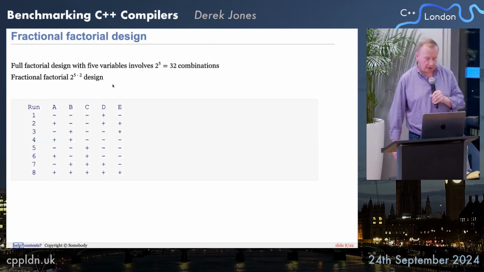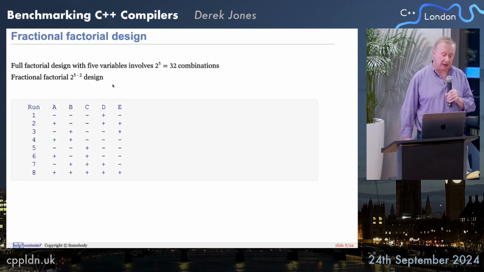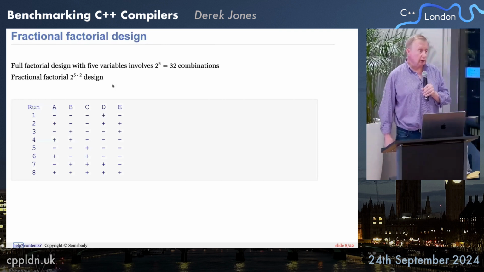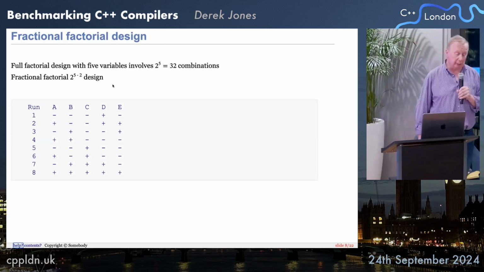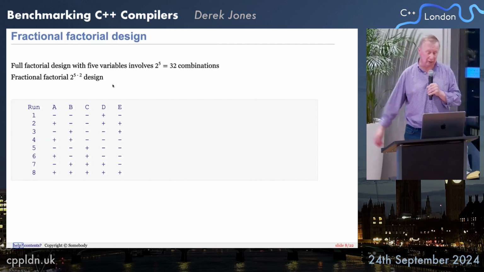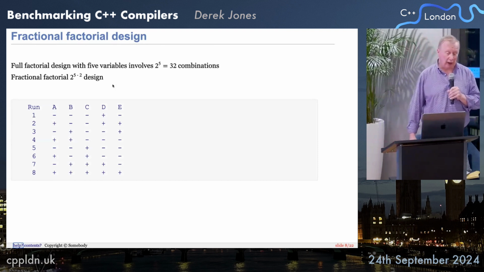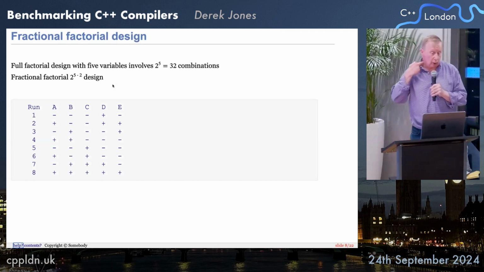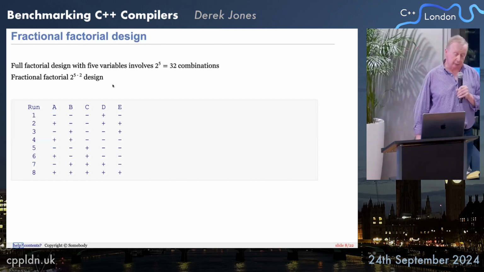I have an example here. If there were 5 variables, there would be 32 different combinations of those variables, which might be too many for you to run. It would take a long time to run the benchmark. So one way, you could run something called a fractional factorial experiment, where there would only be 8 possibilities.